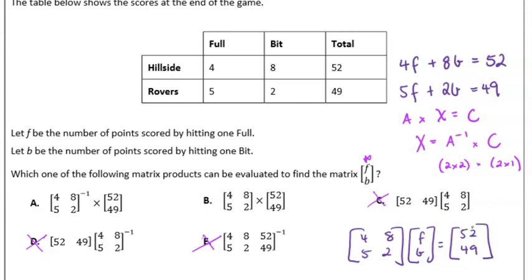To bring that inverse across, I would have that first square matrix to the power of -1. And so I can see here, B just has matrix A, no inverse, okay? And so that's not correct. And the option A does have the inverse brought across, multiplied by the answer. So that's our correct response there.